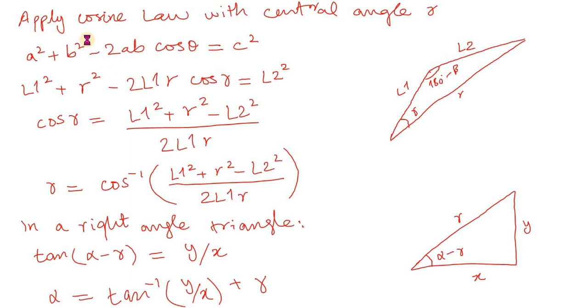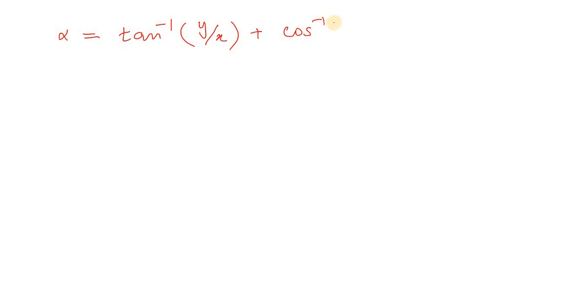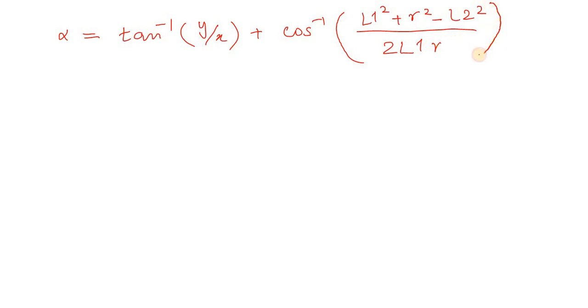So your final alpha will be tangent inverse of y over x and then plus your gamma value, which is cos inverse of L1 square plus R square minus L2 square divided by 2 L1 R. So this is how you can calculate the values of your alpha and beta angle.